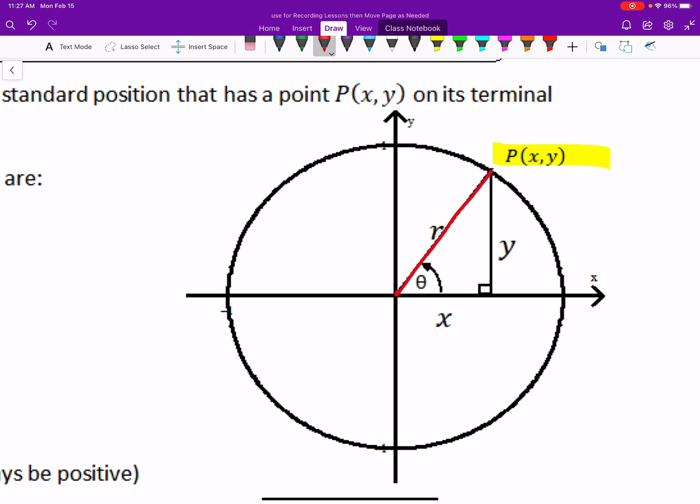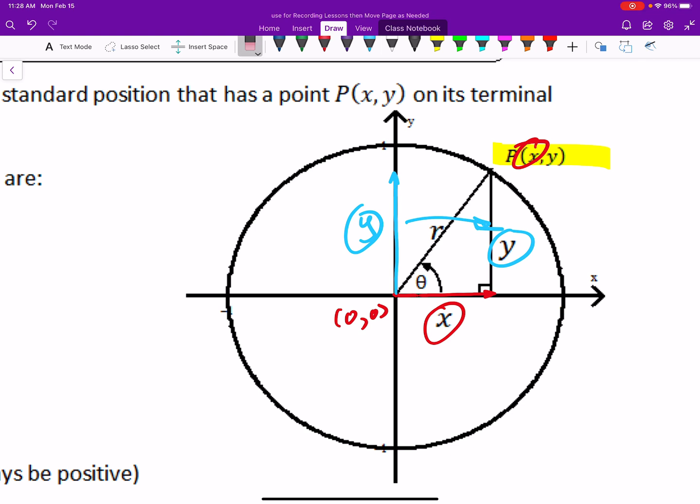Also, since this is the origin, which is the point (0, 0), if I wanted to get from the origin to this point without going along the radius, and only go horizontally and vertically, I would have to go this far to the right. How far is that? That's x units to the right. And I would have to go up this far. How far up is that? That's y units. And then if we transpose this over to here, it's the same distance.